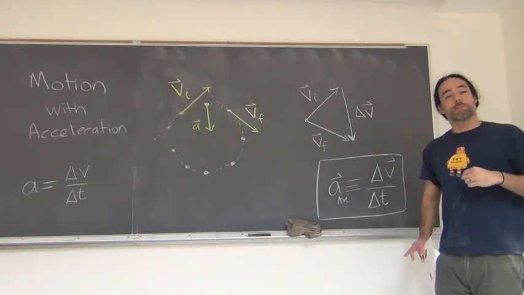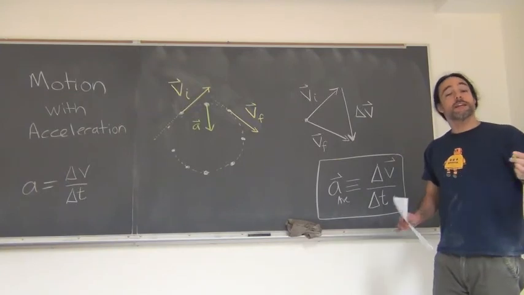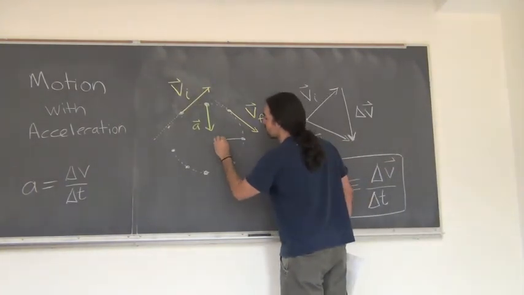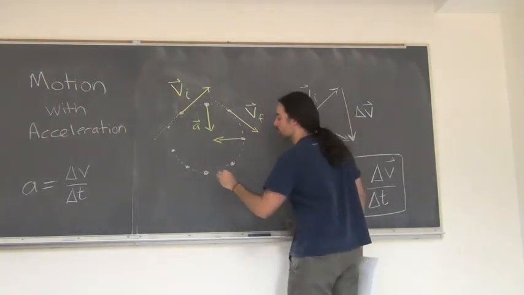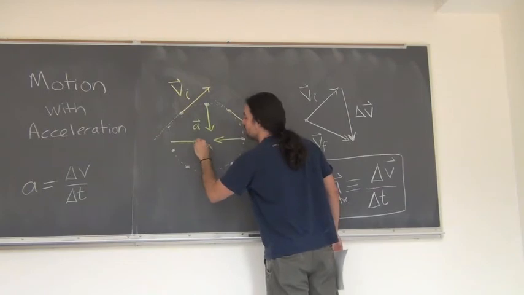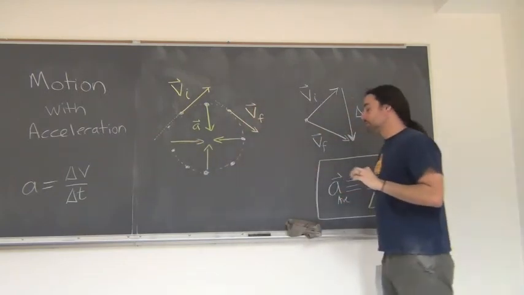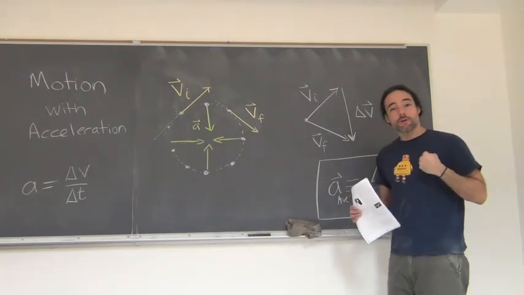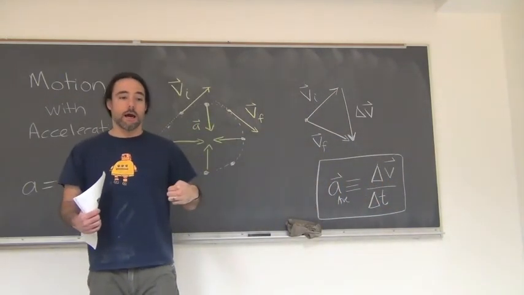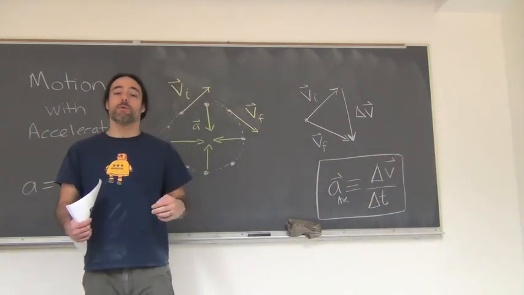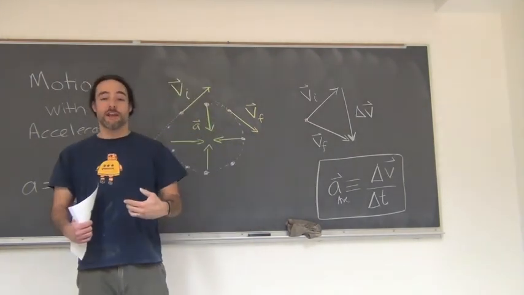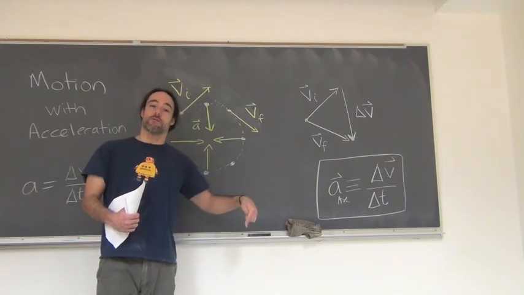And this will generally be true for circular motion, or for any curved motion for that matter: your acceleration points into the curve. Whenever you are changing directions, if you are running, or driving a car, or moving in any way along a curved path, you're accelerating in the direction that you're curving.